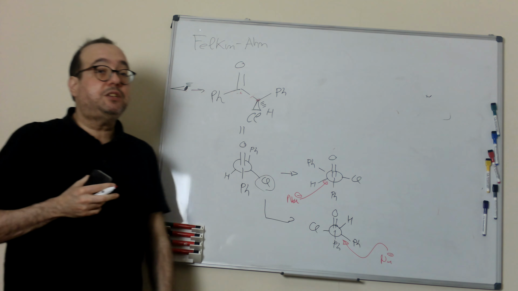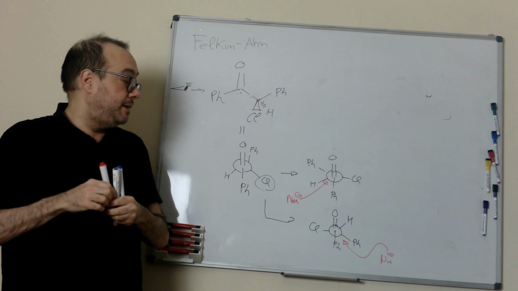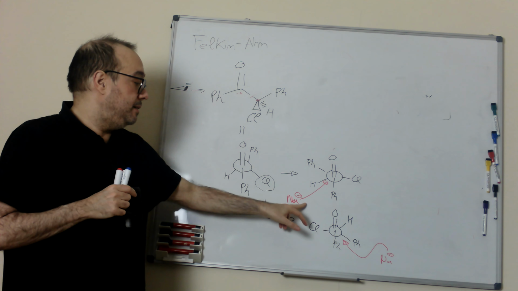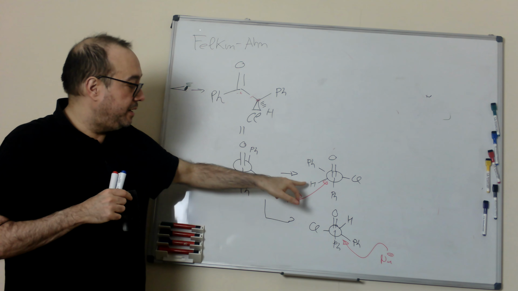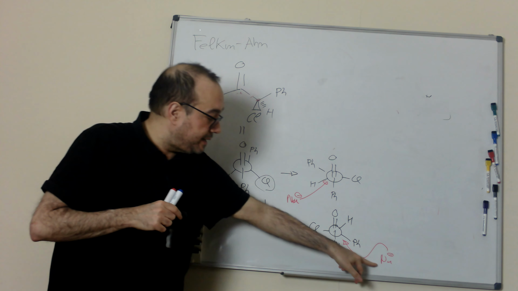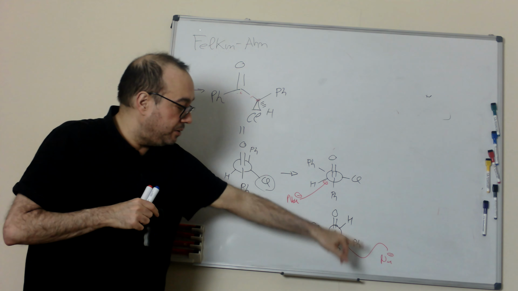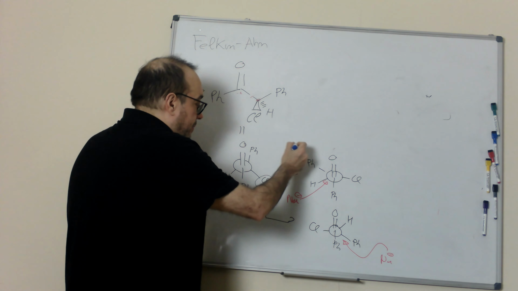We have these two trajectories, and then the only thing we need is to choose which trajectory will be better. In this case, again, when the nucleophile comes along this trajectory, it only faces one hydrogen, while in this case the nucleophile is facing a phenyl group. Obviously, by steric hindrance, this will be favored.